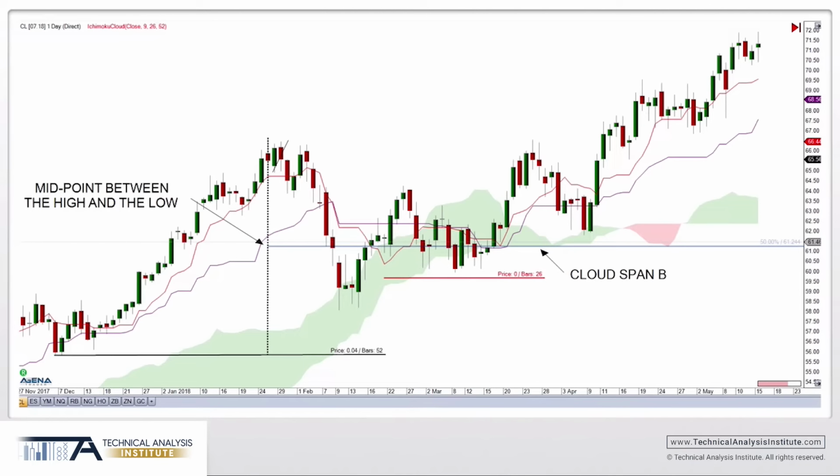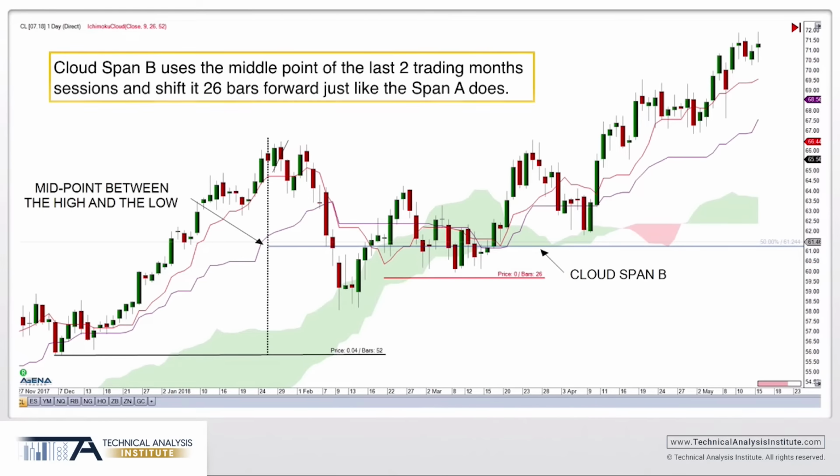Instead of using the standard and turning lines, it uses the middle point of the last 2 trading months' sessions and shifts it 26 bars forward just like span A does. Basically, it finds the highest price of the last 52 days, adds it to the lowest price during the same period, and divides it by 2 to obtain the midpoint of the last 2 months of trading.